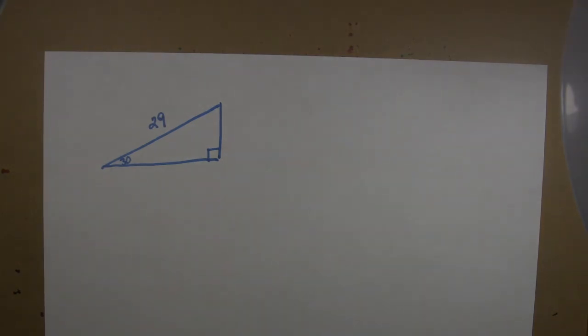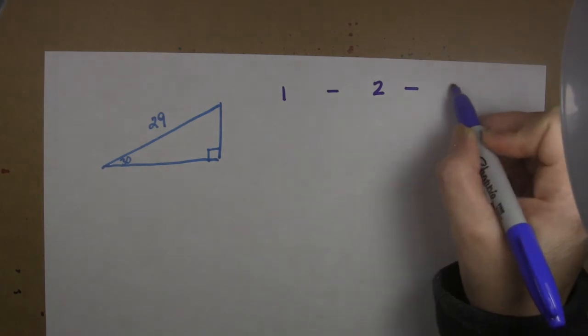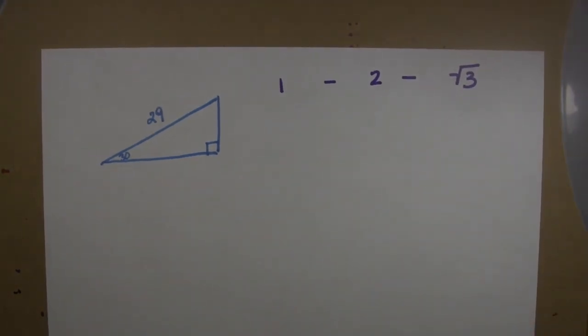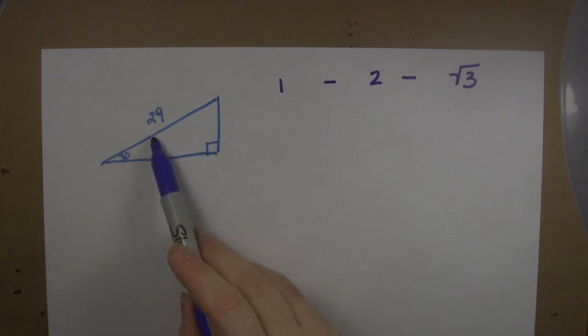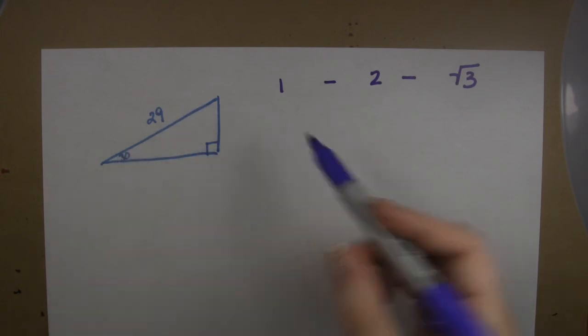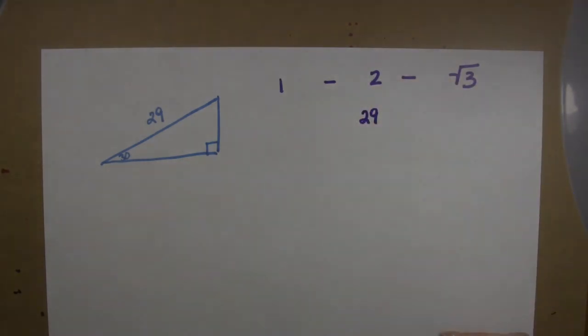So can you calculate what those other two sides are? Okay, so the first thing you ask yourself is, what measurement were we given? Well, we were given the hypotenuse, right? The one across from the 90 degrees. So that's this one right here, 29.